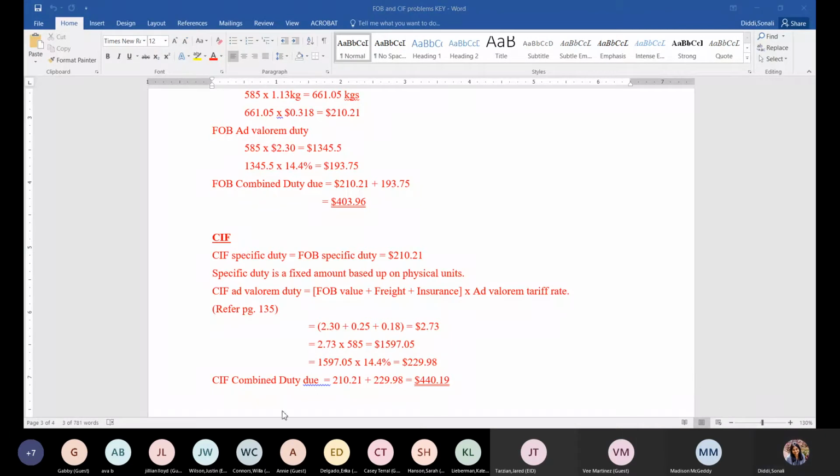Yeah, I've got a question. Sure, absolutely. So in the book, that's just the combined duty due. But for the homework, was that the sales price plus the combined duty? Because that's what I did. Sorry, who is this again?